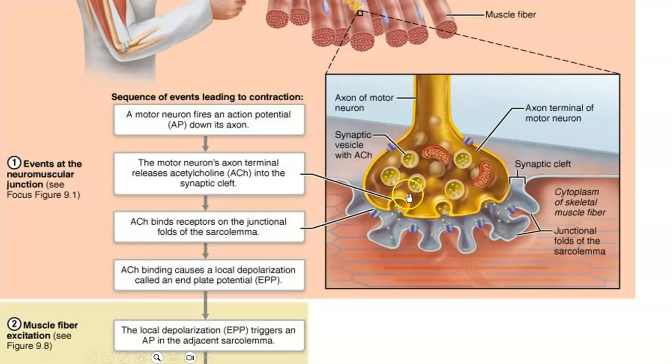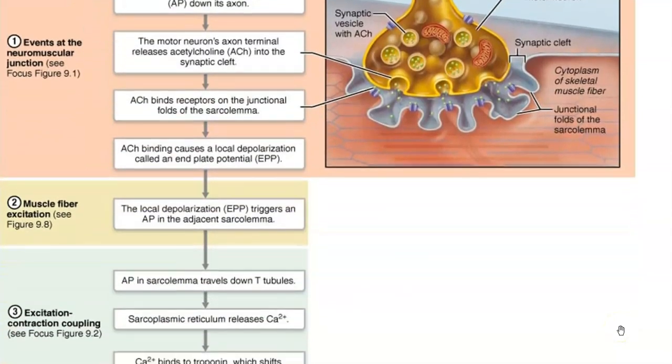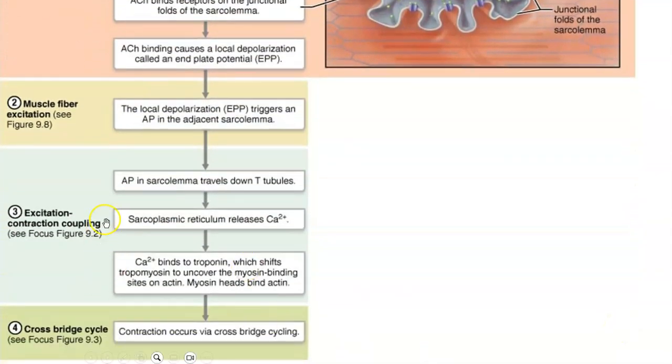And once that action potential is generated, it's going to travel all the way down the sarcolemma, down the T tubules, which are a little bit further down, to the interior of the muscle fiber.